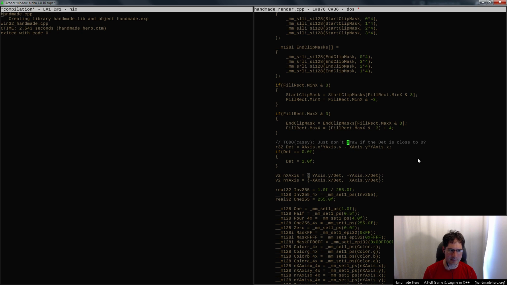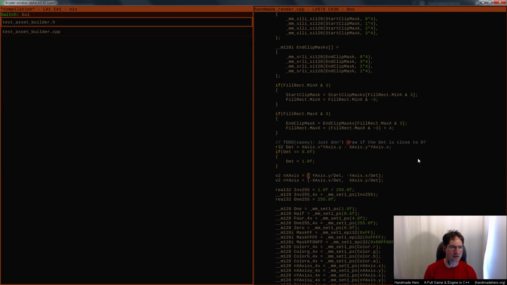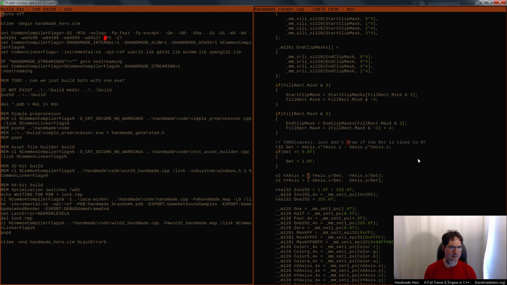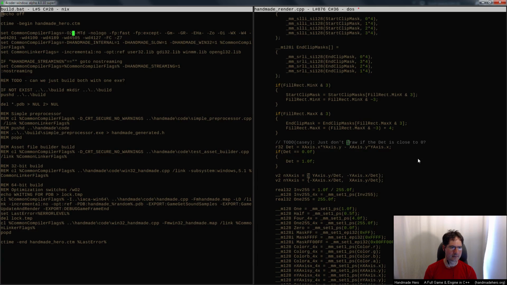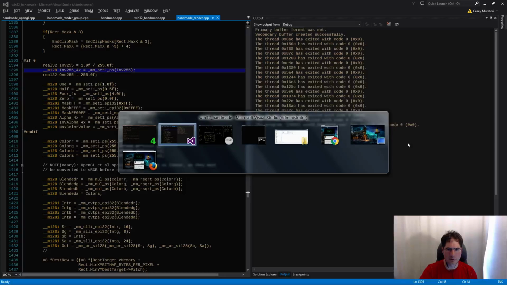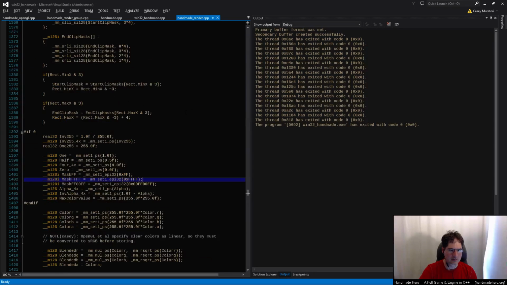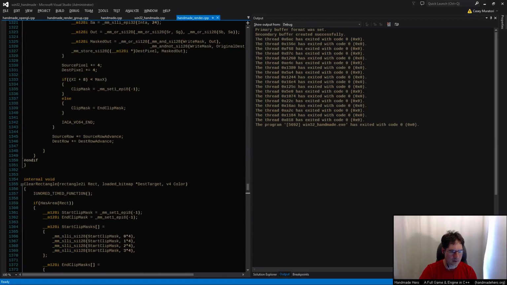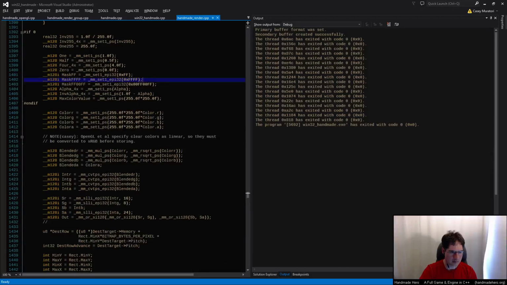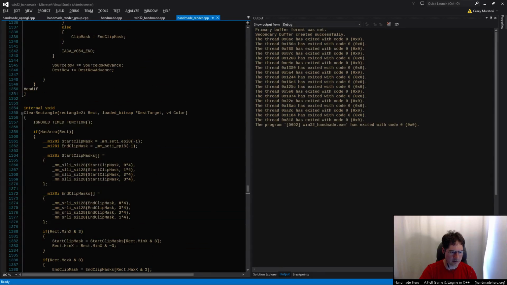Well, I'm going to try stepping through it like this. So I'm just going to turn off optimizations for the moment. I'm going to go into this code, or try to anyway.